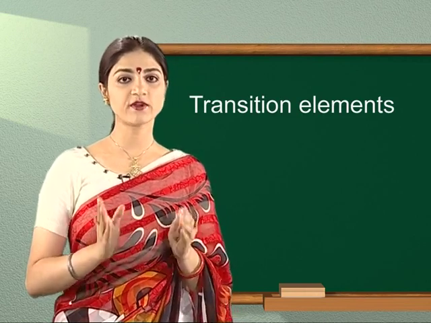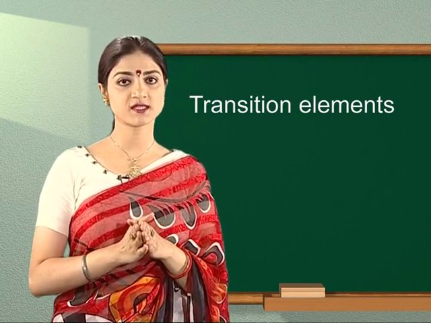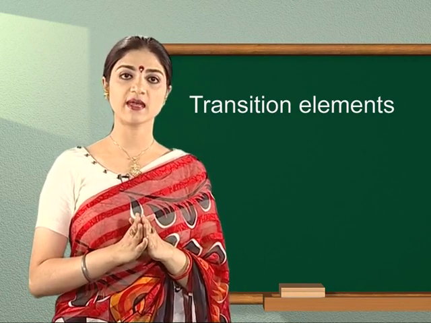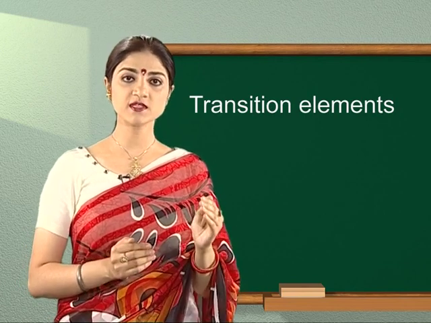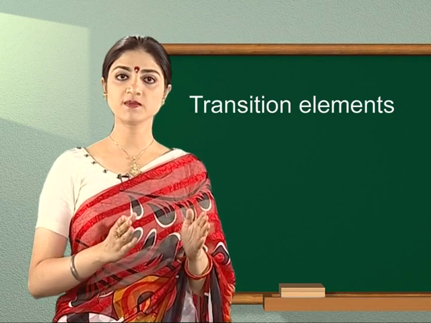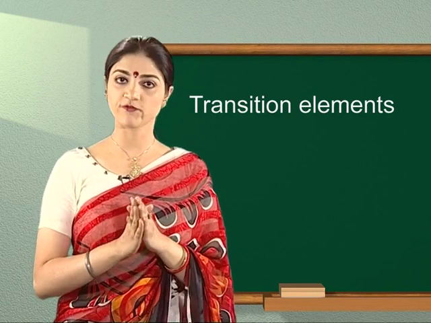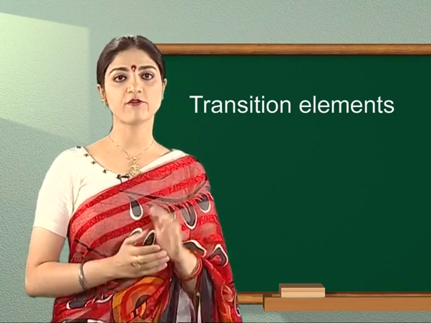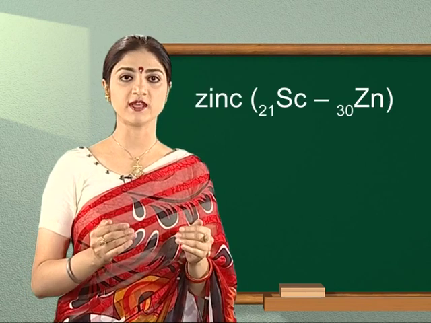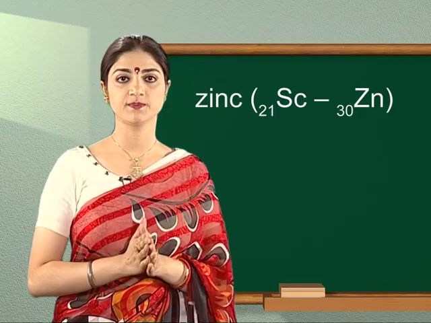All these are further divided into 4 series called first, second, third and fourth transition series. The first transition series forms a part of the 4th period of the long form of the periodic table. It contains 10 elements from scandium to zinc in which 3d orbitals are being progressively filled in.